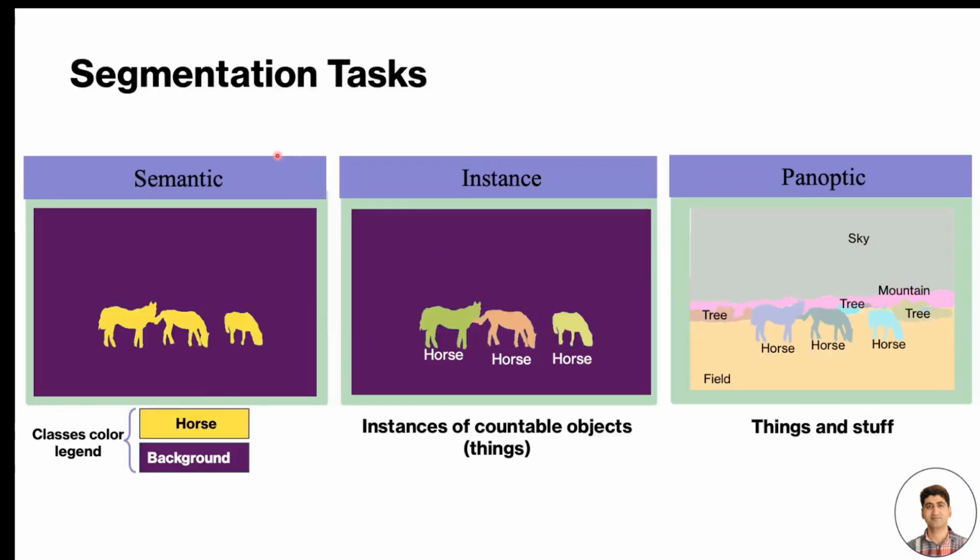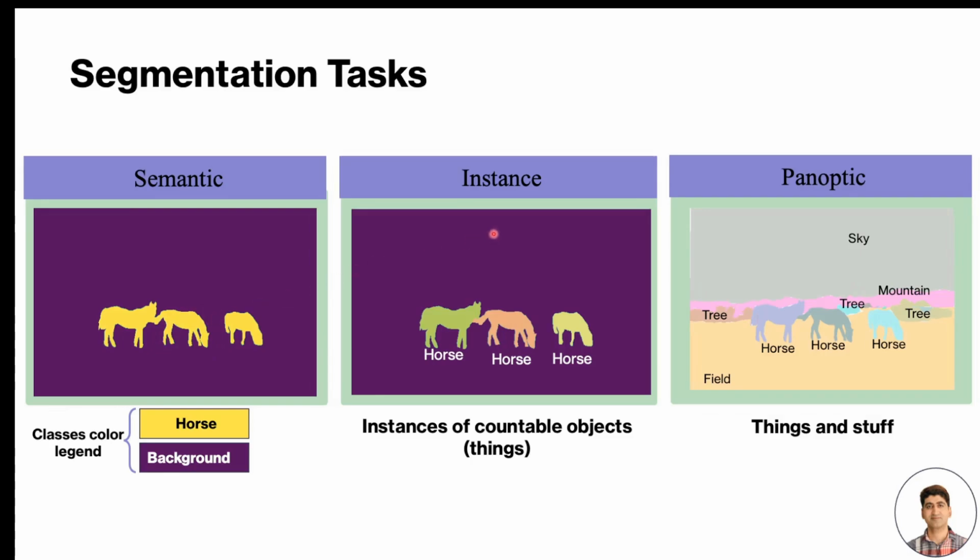So let's compare the outputs of these different segmentation tasks side by side. On the left, we have the semantic segmentation, where we can clearly separate the foreground classes from the background, but we are not able to separate the instances of this object class from each other.